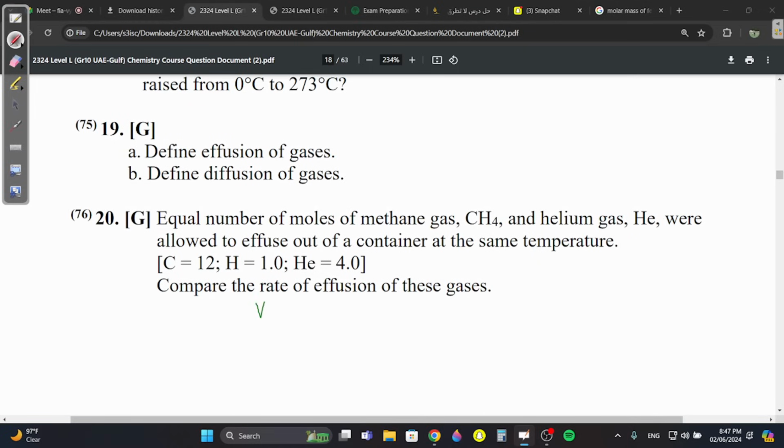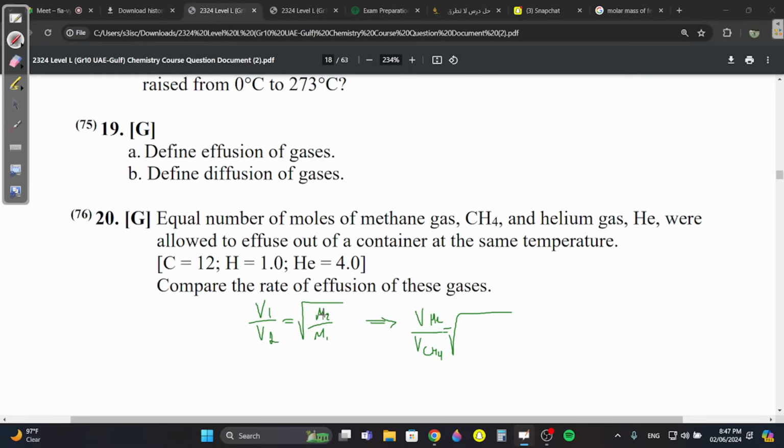Always remember V1 over V2 equals radical M2 over M1. Let V1 be the velocity of CH4 and V2 the velocity of helium. Actually, let me put the lighter gas on top because that makes solving easier: velocity of helium over velocity of CH4 equals radical M2 over M1.